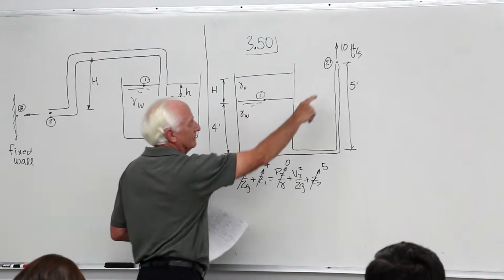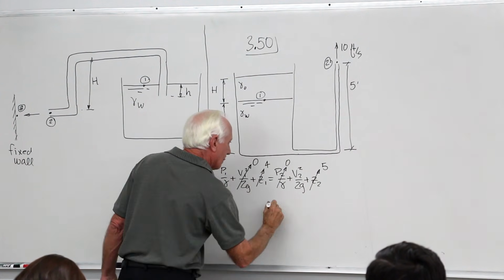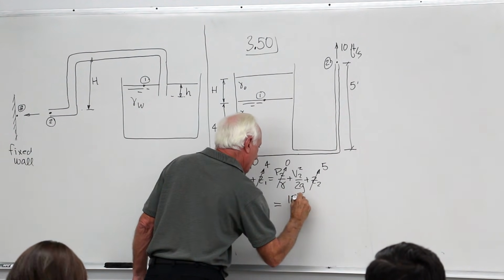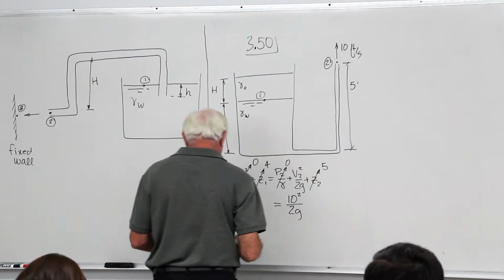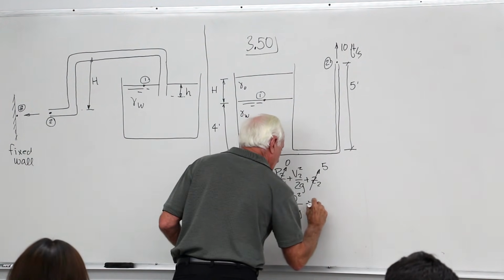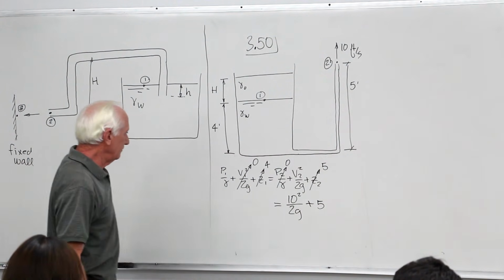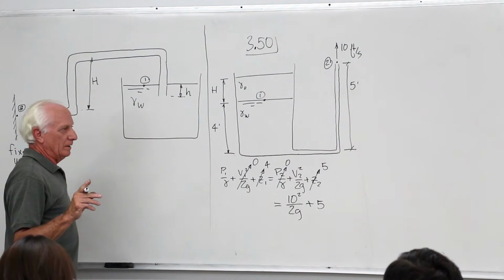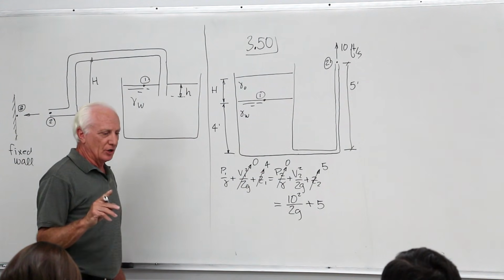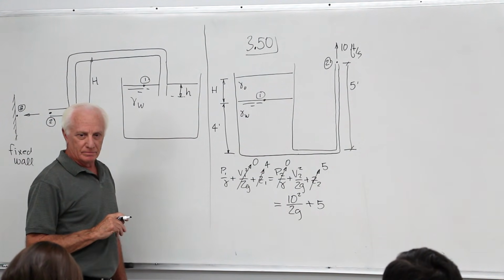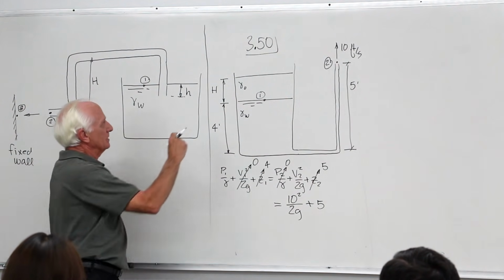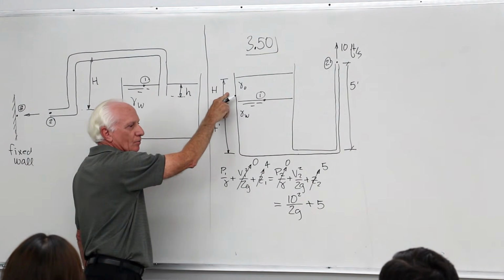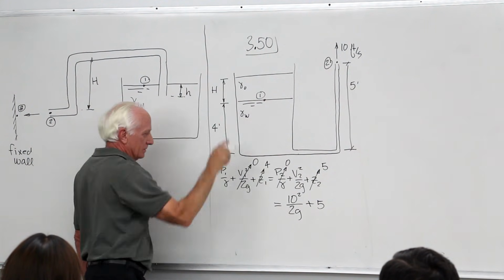Find H. Right there, 10 squared divided by 2G, Z2 is 5. P1: is the oil moving? Nope. Chapter 2, fluid statics. I go down. How far down? Capital H. What's the fluid? Oil, gamma oil times H, down, plus.